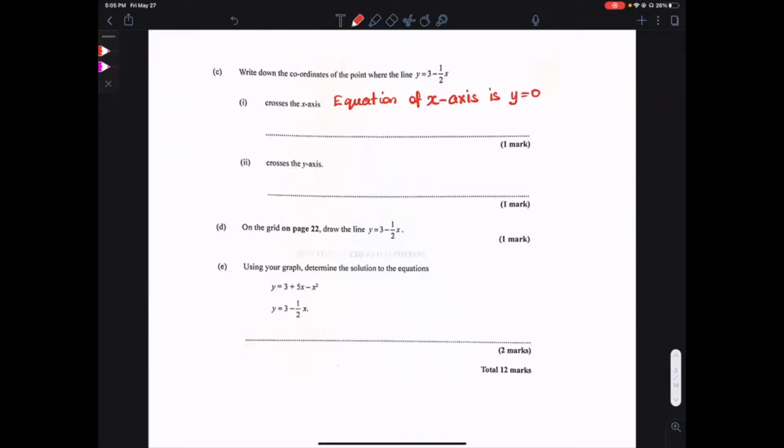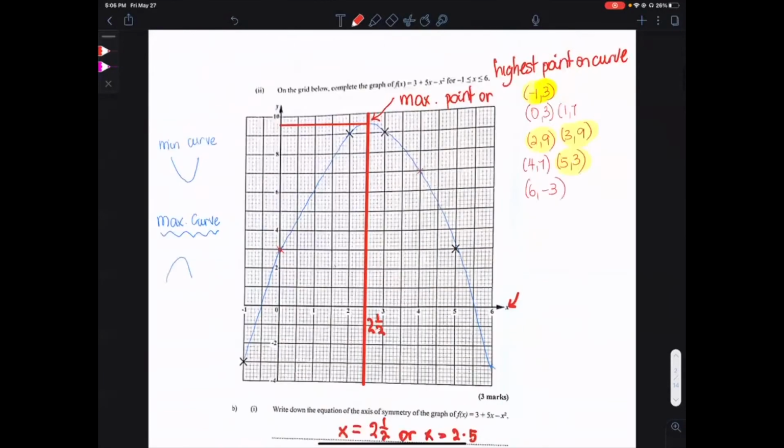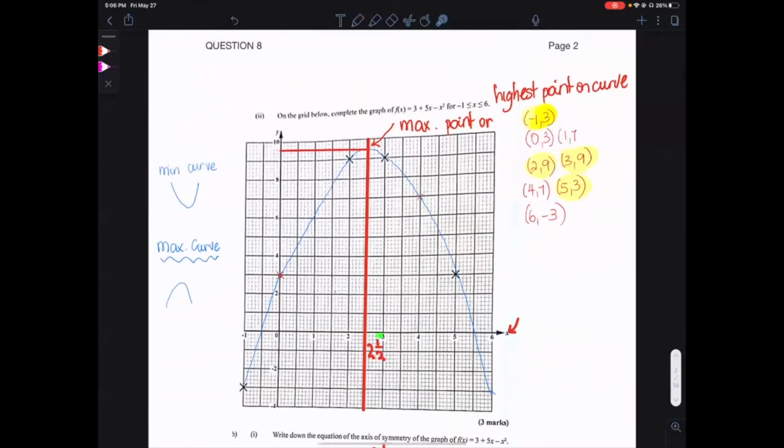Let me repeat that. The equation of the x-axis is y equals 0. The reason being, on the x-axis, we have x values, 3, 4, 5, 6. Y is actually 0. So on the x-axis, y is 0.